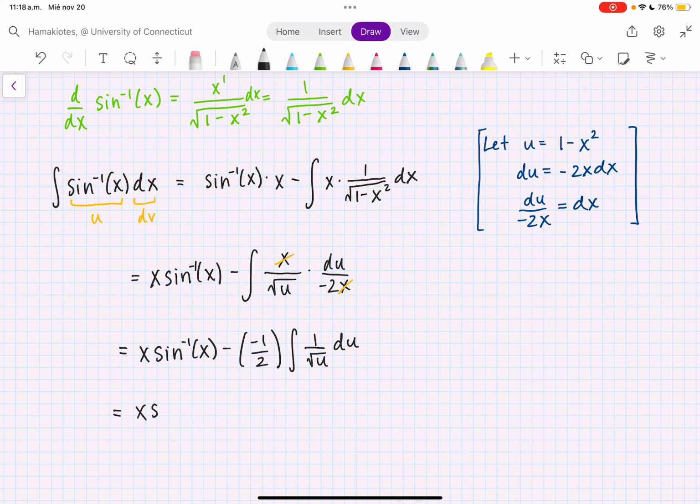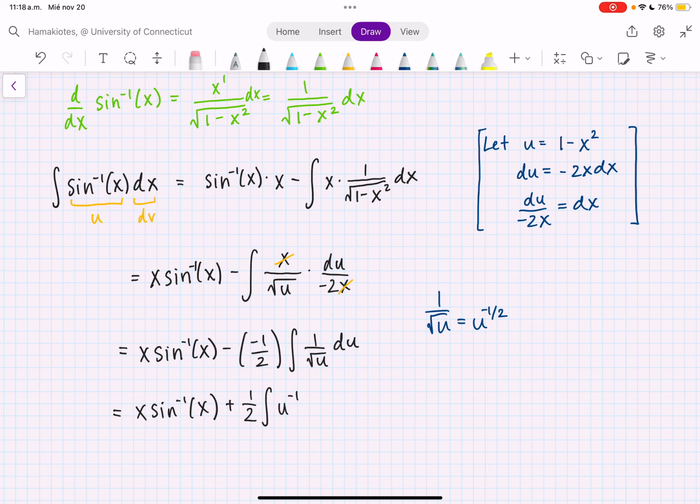This is x sine inverse of x plus 1/2. And now I have the integral of 1 over the square root of u. So I can rewrite the square root of u as u to the 1/2. And now we have 1 over the square root of u, so this is the same as u to the minus 1/2.